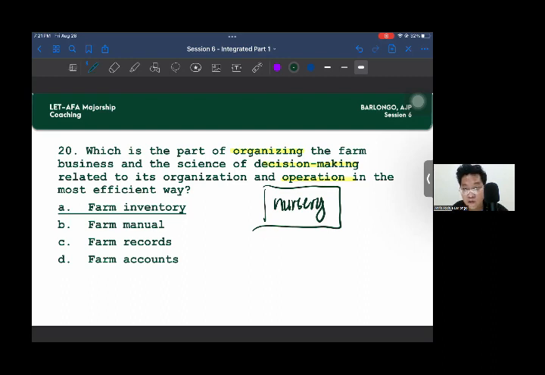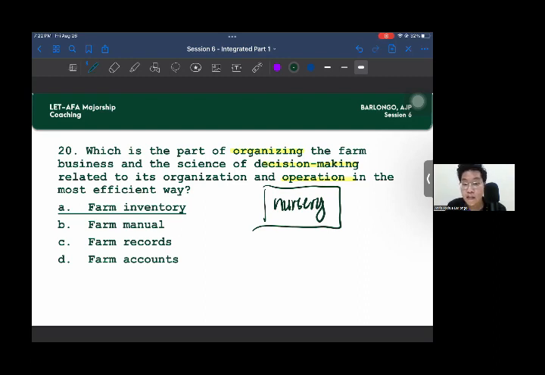And of course, yung operation. How will a farm operate without knowing the inventory? 'Di ba? Aling mga materyales, aling mga raw materials, for example, ang kailangan pa. If you are running an animal production farm, for example, chicken farm. Ayan. Tas inventory kasama rin diyan yung ilan yung manpower.